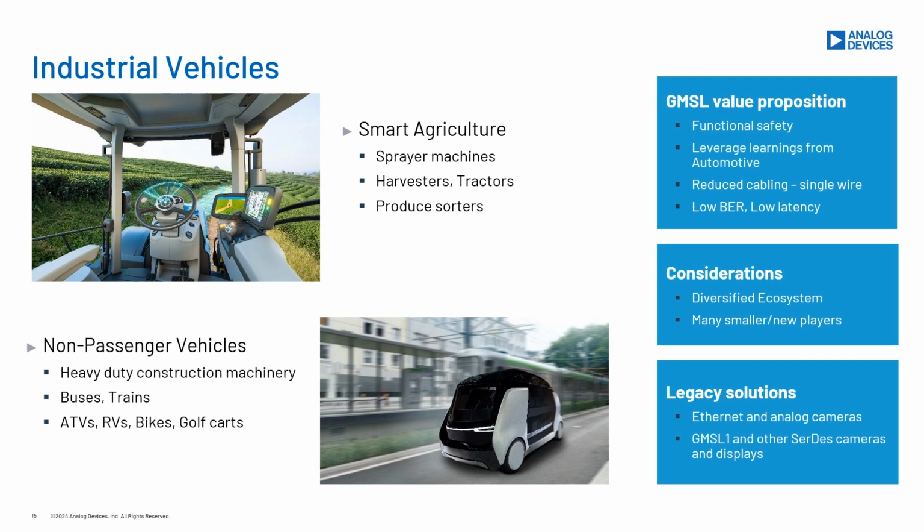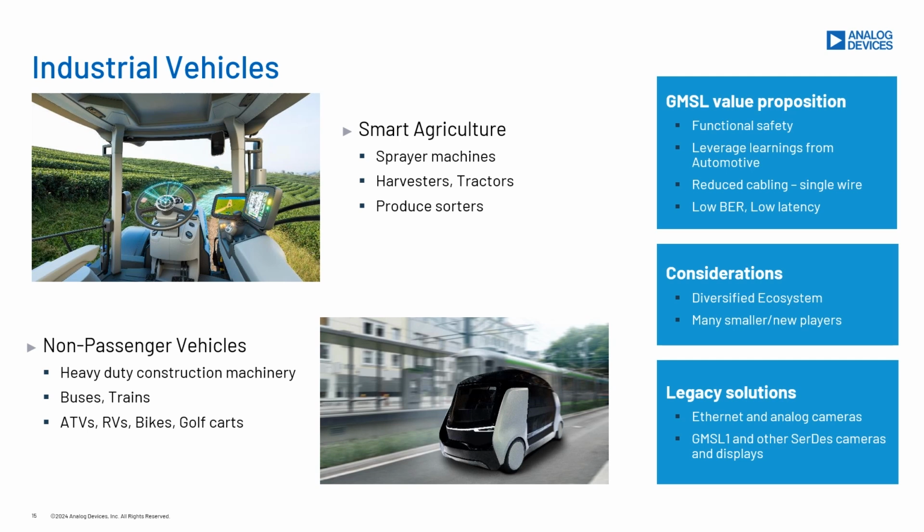In this category, people choose to use GMSL because they want to leverage learnings from automotive, reduce cable infrastructure, and enjoy low bit rate, low latency, as well as automotive functional safety. One big difference from automotive is that in this category, there is a very diversified ecosystem.